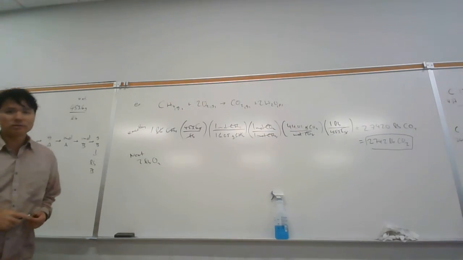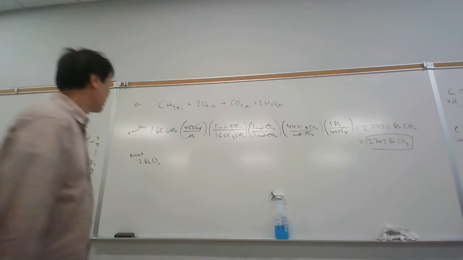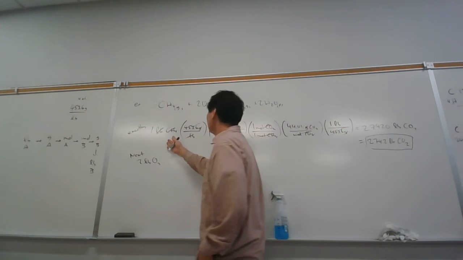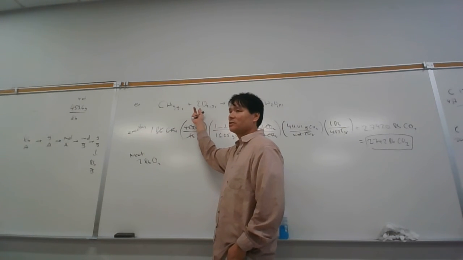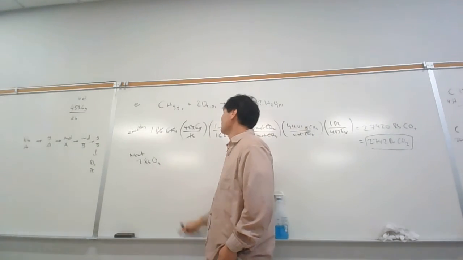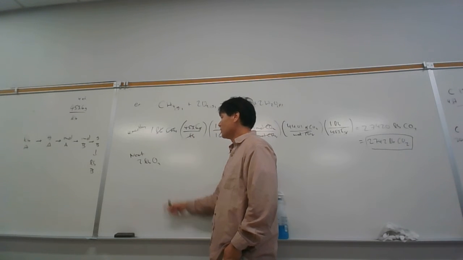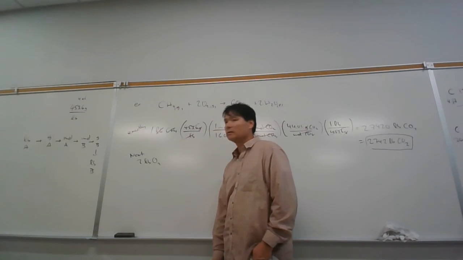And so try this. This would be another stoichiometry problem here. So if I have 1 pound of methane, is that 2 pounds of oxygen? No, because they weigh different amounts. And so I would have to calculate how many pounds of oxygen I need to combust 1 pound of methane.